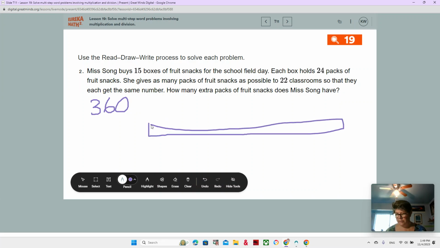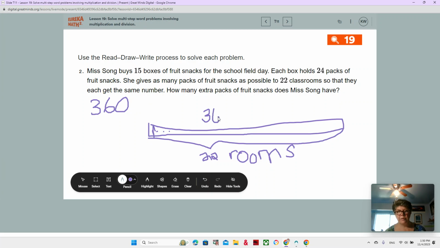So another tape diagram, and 22 classrooms, right? I don't have to draw all of the classrooms because I know there's 22 of them. Sorry, it's kind of messy. I can just put 3 dots there. 22, I'm just going to say rooms. Okay, 22 rooms, 360 fruit snacks, and we can think of they're going to be spread throughout the rooms in equal amounts, right?